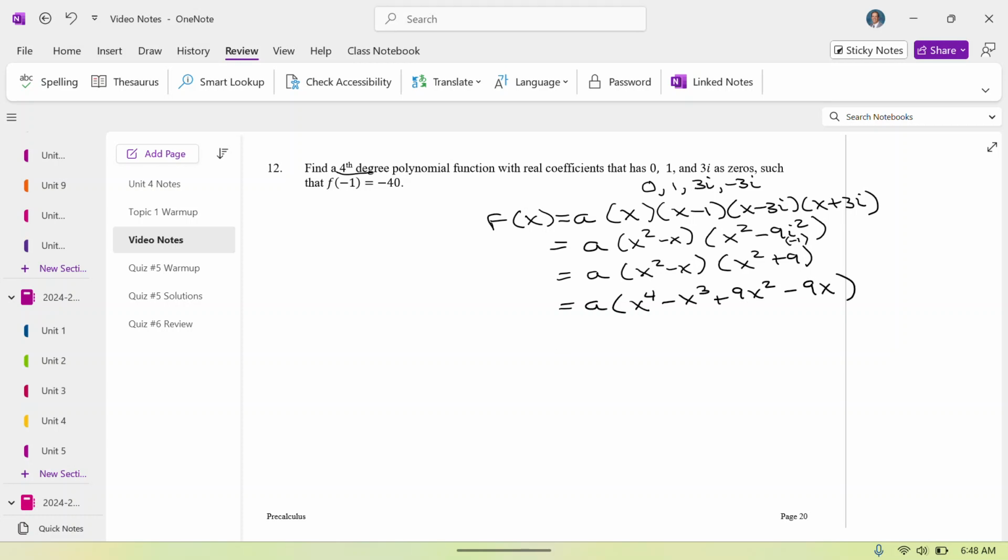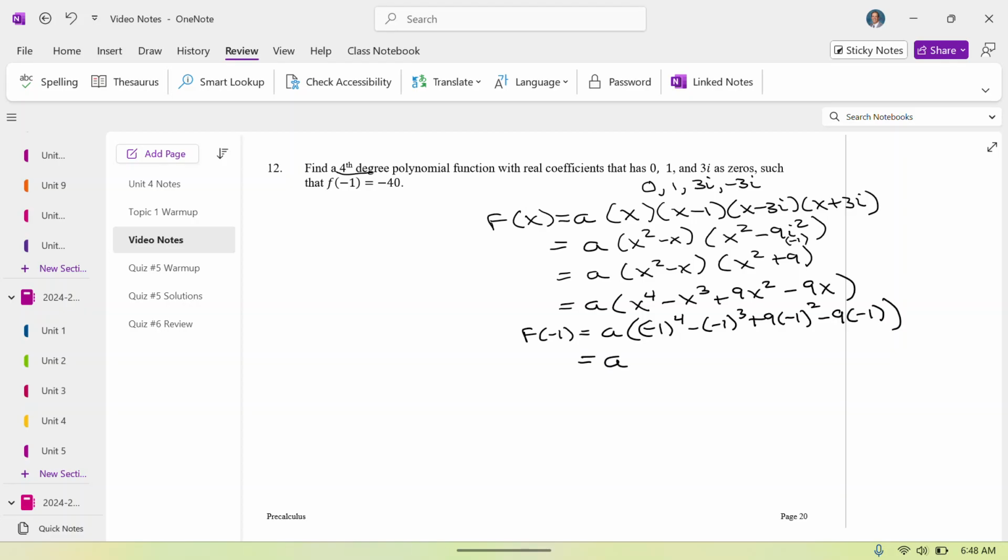And it says when you put -1 in, you should get 40. So -1 to the 4th minus -1 to the 3rd plus 9 times -1 squared minus 9 times -1. There.